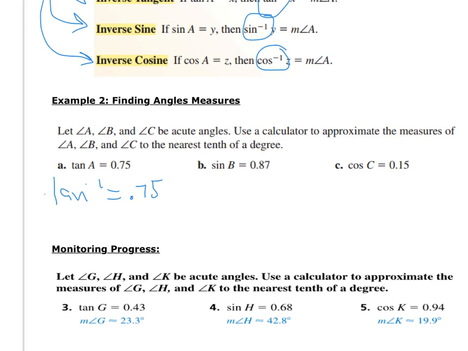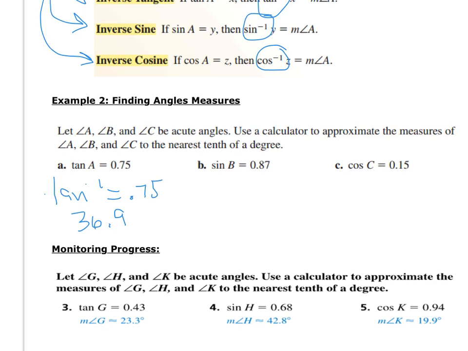So let's do that. You're going to push the second or the shift key. And then we'll be pushing tangent, which would be the tangent negative 1. And we're going to put in 0.75. And what you should get in your calculator is 36.86, or we can round it to 36.9.